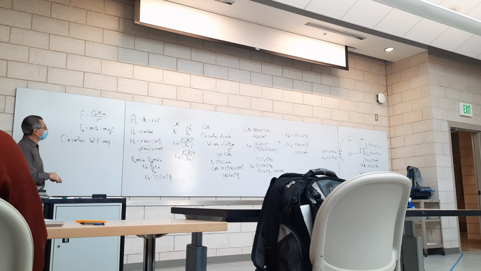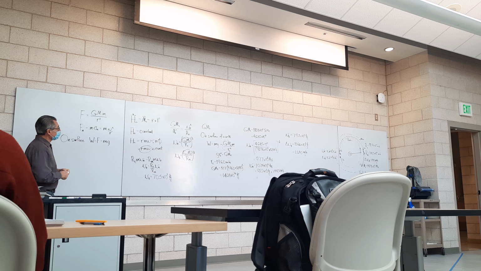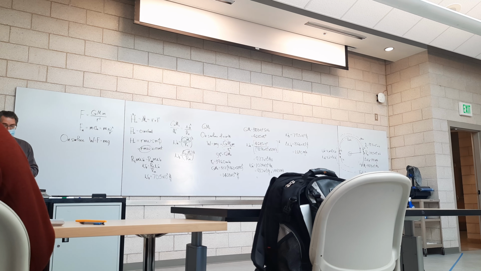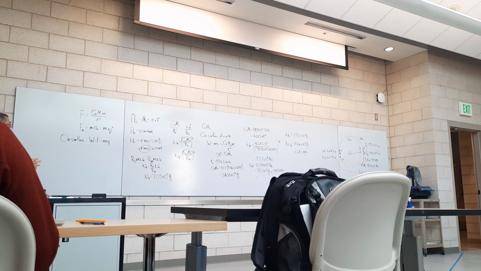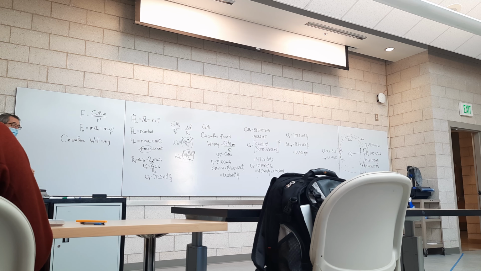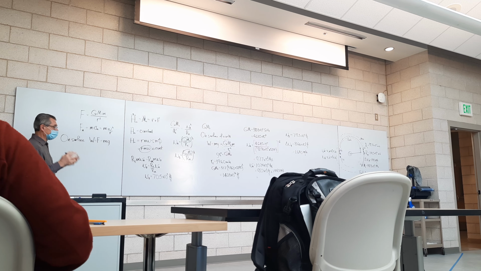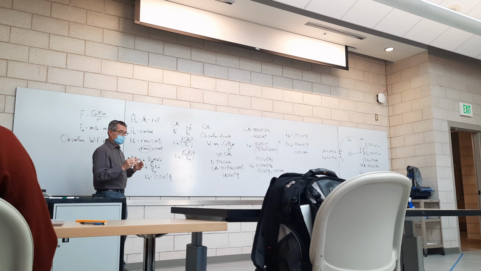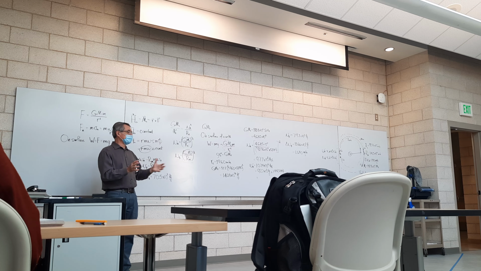So, this is the last thing that we cover in chapter 12. We covered a lot of stuff in chapter 12. But essentially what we've done is say force equals mass times acceleration.